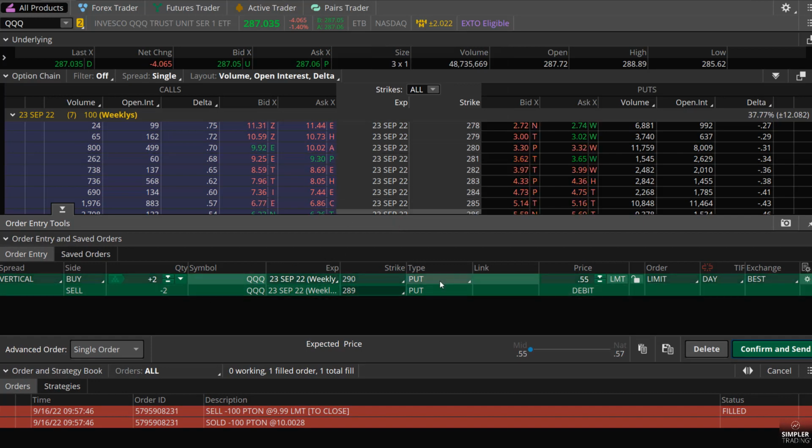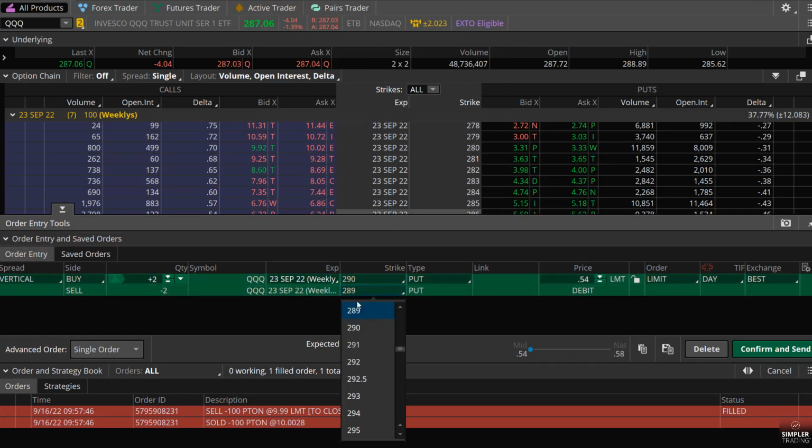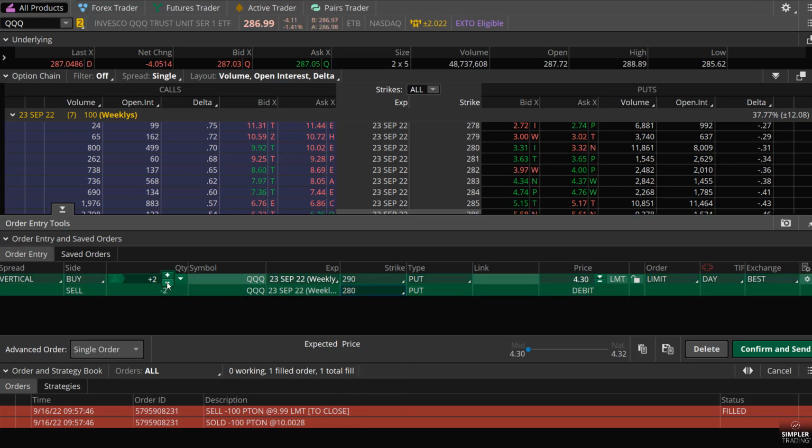So at that point, you have a 290, 280. So in this example, for this trade, you would be paying a debit of $4.31. The max amount you could ever close it for would be $10.